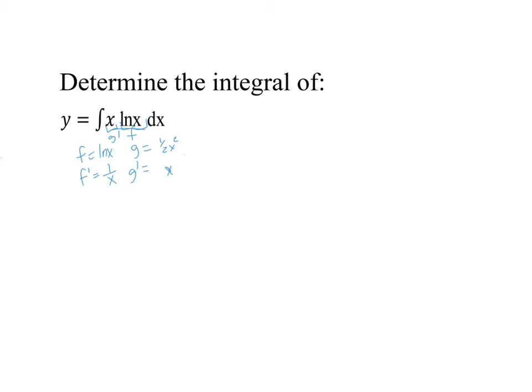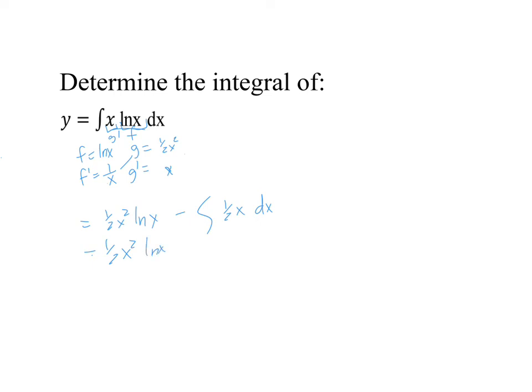So it almost looks like it's not going to work, but when we plug it in our formula, we would now get f times g, so that's 1/2 x squared times ln x. So that's okay. And then we would subtract the integral, but now when we multiply the two diagonals, the 1 over x will cancel with the 1/2 x squared, and we'd end up just getting 1/2 x dx. That integral we can do, that's just a simple power rule one.